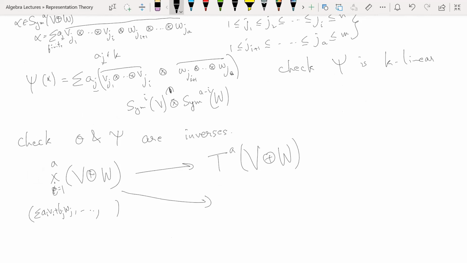So you'll have to send it, and it becomes a bit complicated to write down. So I can only tell you where the basis vectors go, that is enough, and then you extend it linearly.